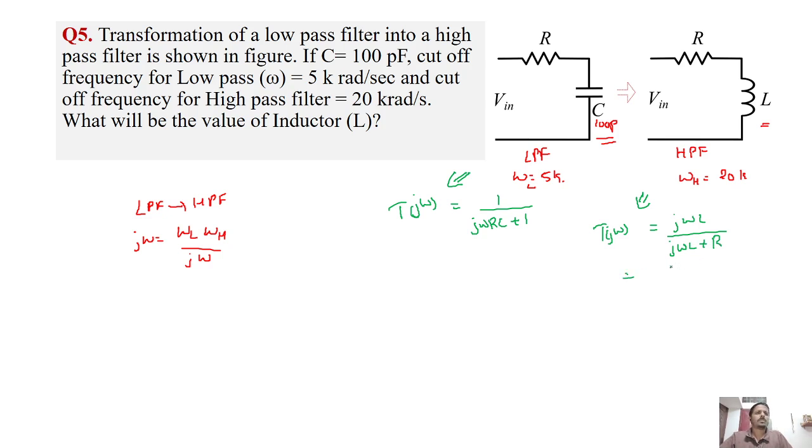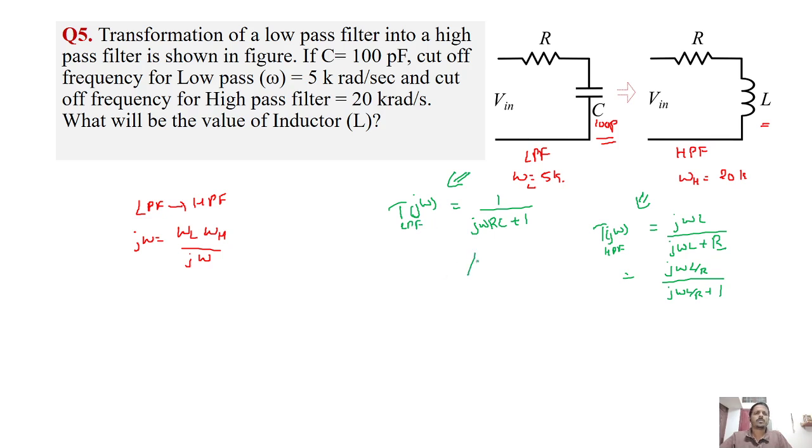So I will take R outside: j omega L by R, divided by (j omega L by R plus 1). So this is the transfer function of the high pass filter, and this is the transfer function of the low pass filter.